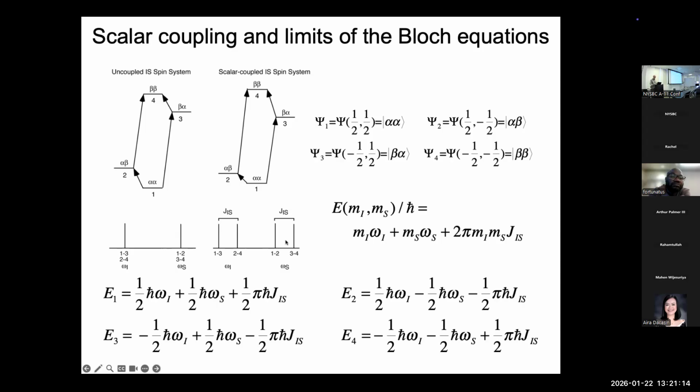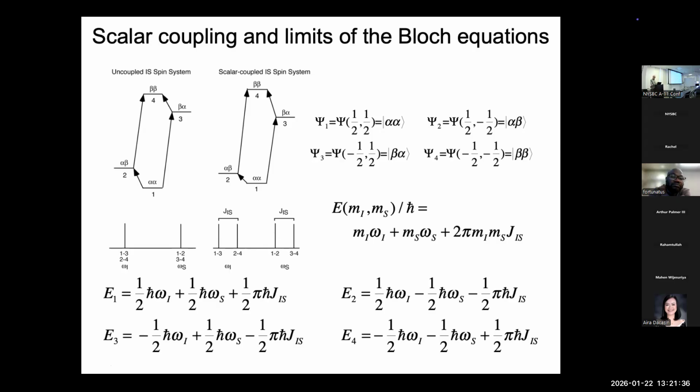And with lots of work, careful analysis of all the minus signs, it's possible to figure out which of these lines is the partner in the alpha state and which is the beta state. And this wasn't so important to people before the TROSY experiment, and then it became important.